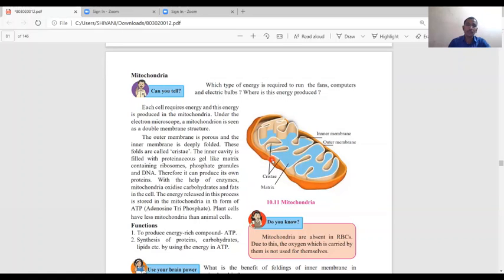When we observe the structure of the mitochondria under the electron microscope, a mitochondrion is seen as a double membrane structure. That is, the mitochondria is covered by a double membrane.